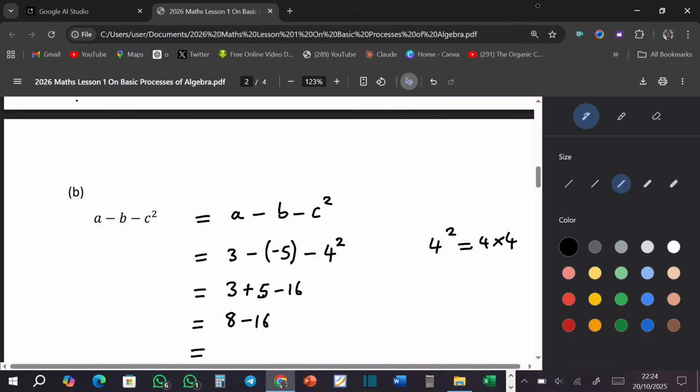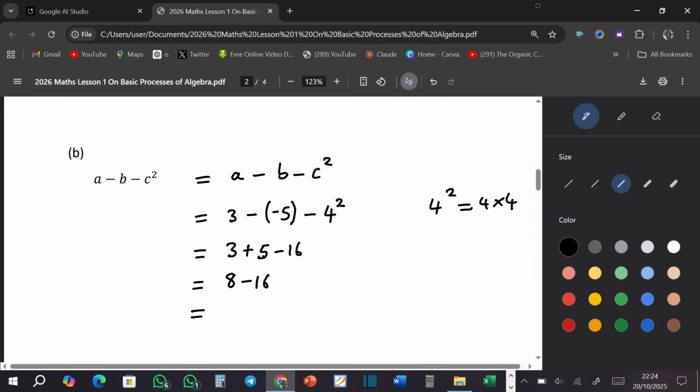Okay, so you see, it is not normal to say 8 minus 16, right? In real life, if I tell you 4 oranges minus 8 oranges, what are you going to remain with? Of course, you remain with nothing. You even have a shortage of 4.